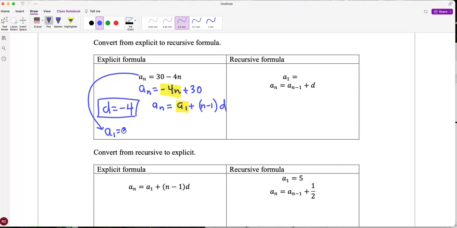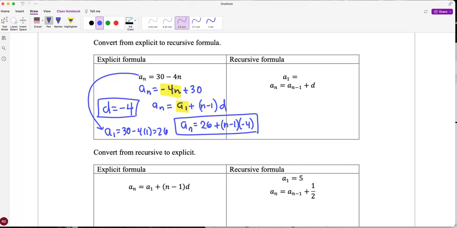A1 is going to be 30 minus 4 times 1, which is 26. So the explicit formula is AN equals 26 plus n minus 1 times negative 4.